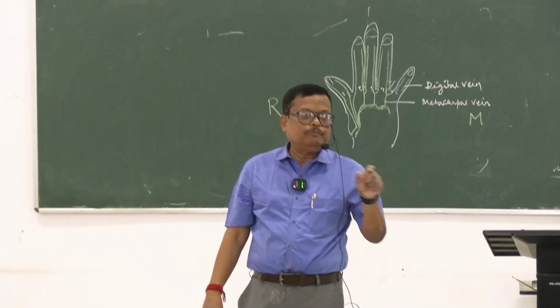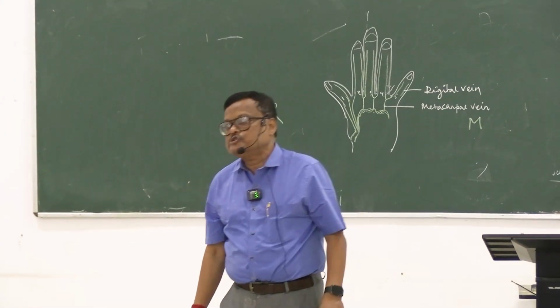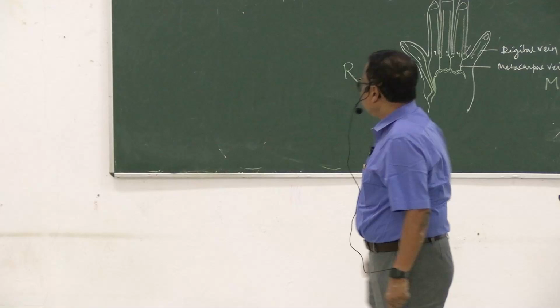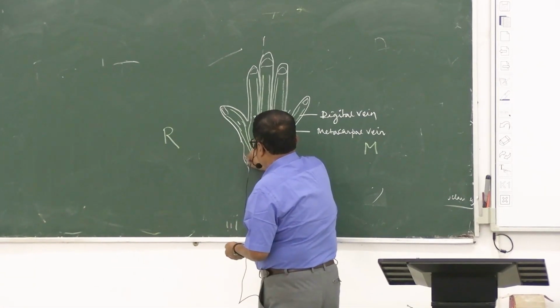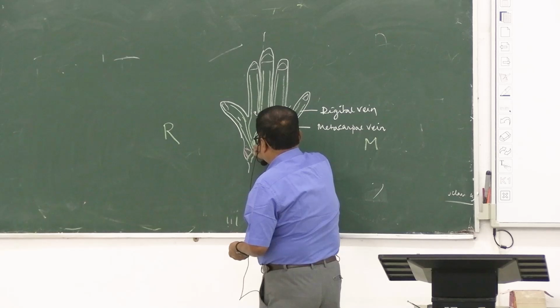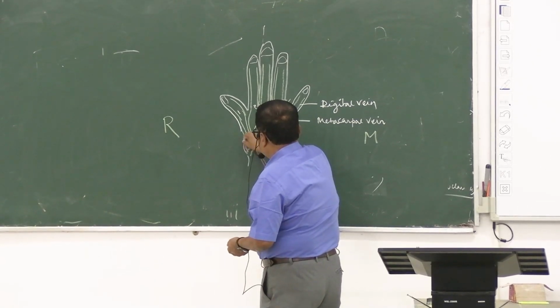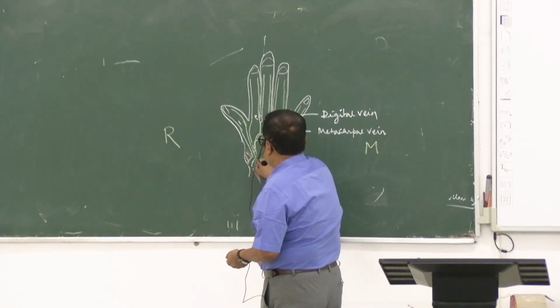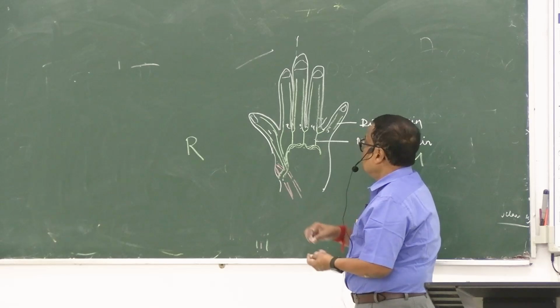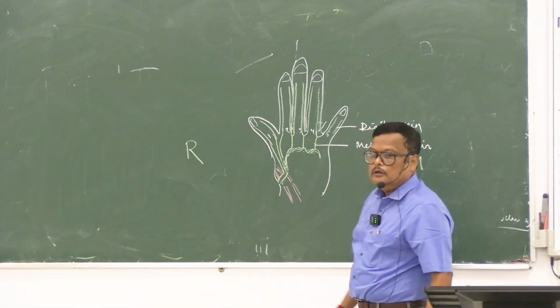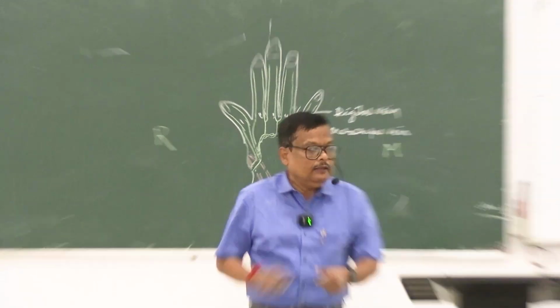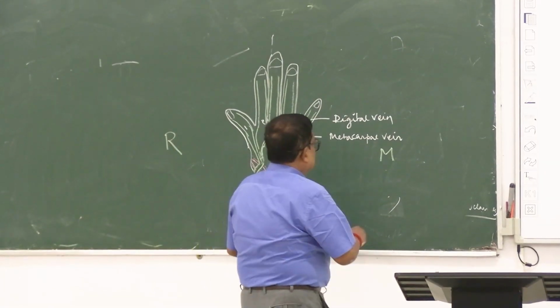The roof of the anatomical snuff box is formed by the skin and superficial fascia. So there is the beginning of the cephalic vein. Now we go back to the answer.